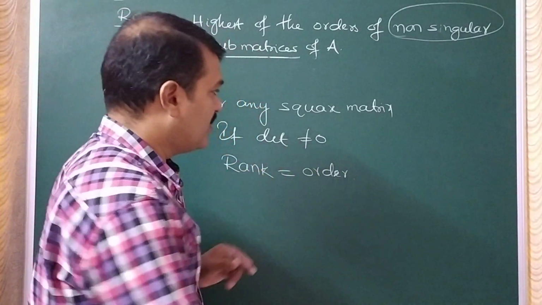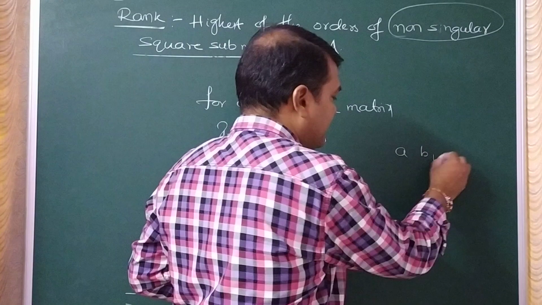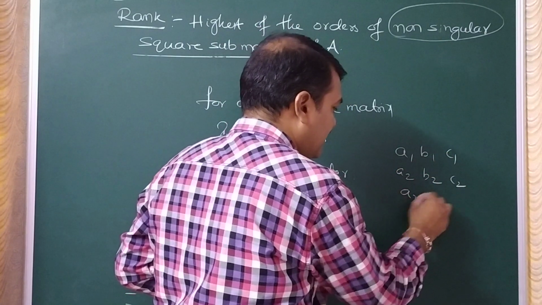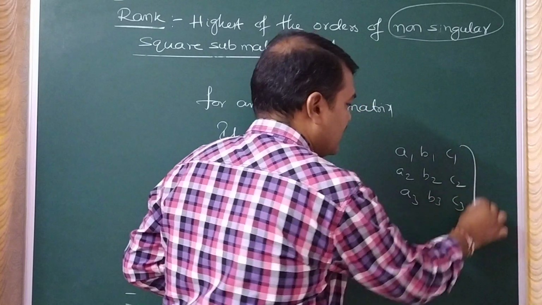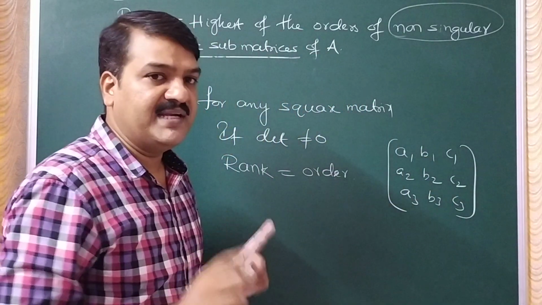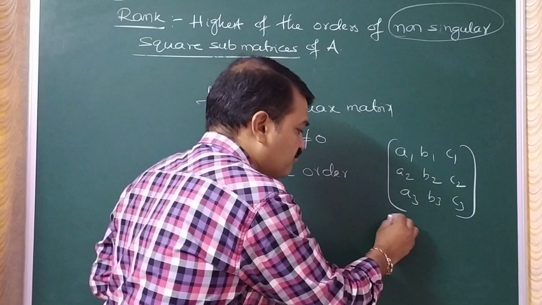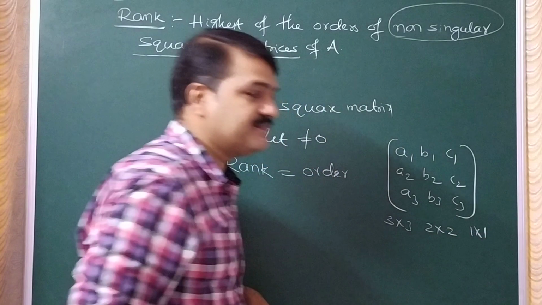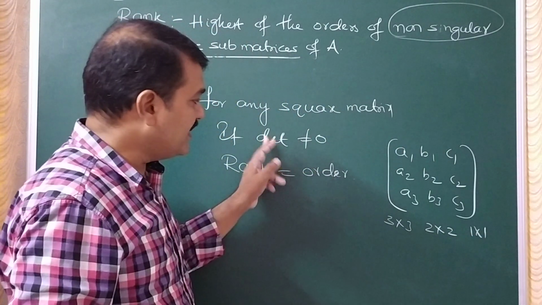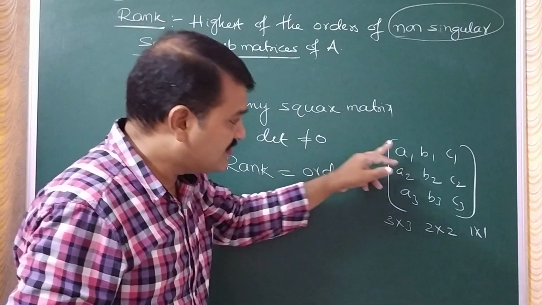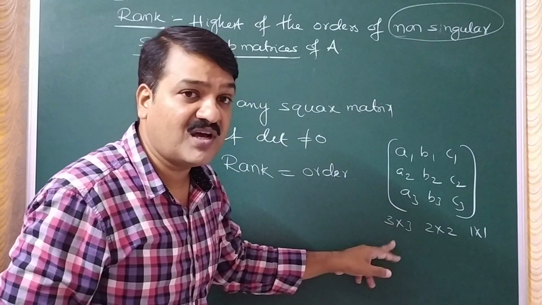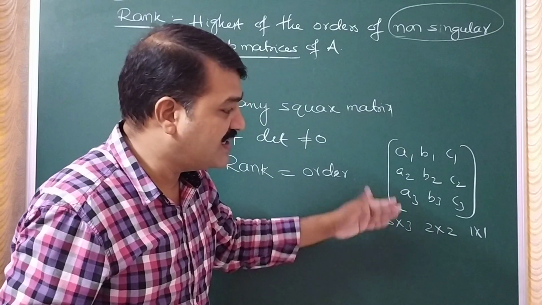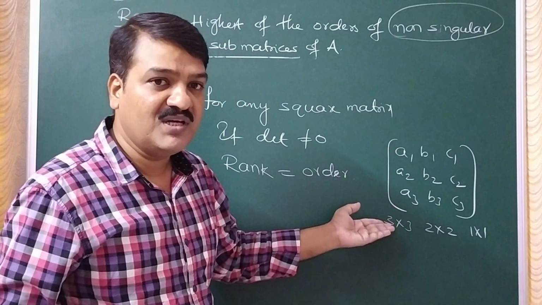Because, for example, I am taking a 3 by 3 square matrix like this. So possible square submatrices will be like this. If determinant is not equal to 0, it means this 3 by 3 submatrix is non-singular, so rank is going to be that only.